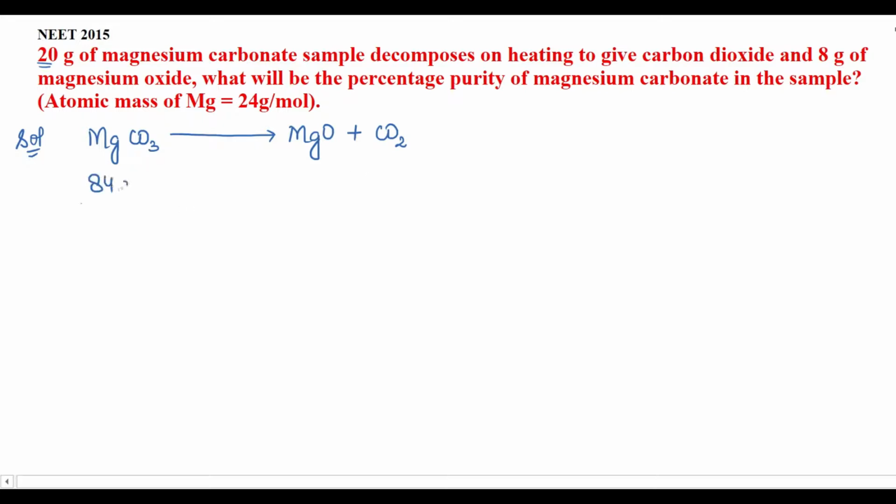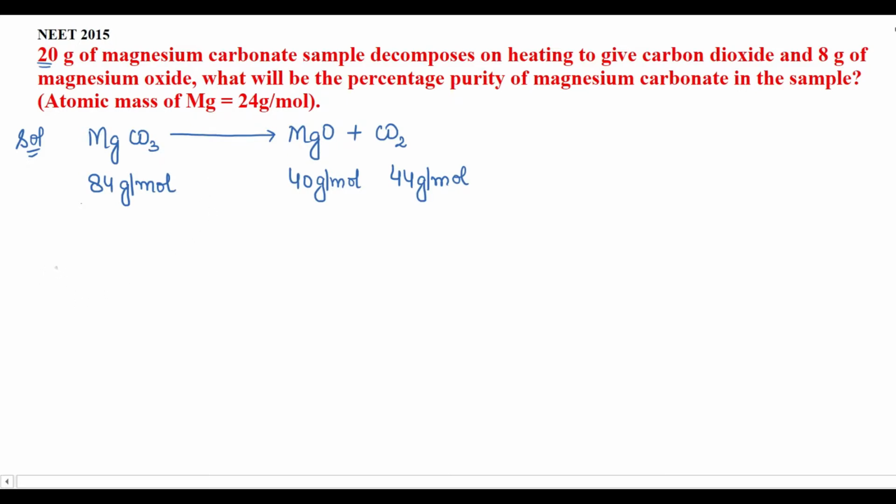So when 84 gram per mole of magnesium carbonate decomposes, it will give 40 gram per mole of magnesium oxide and 44 gram per mole of carbon dioxide. Right, now we'll use the unitary method.